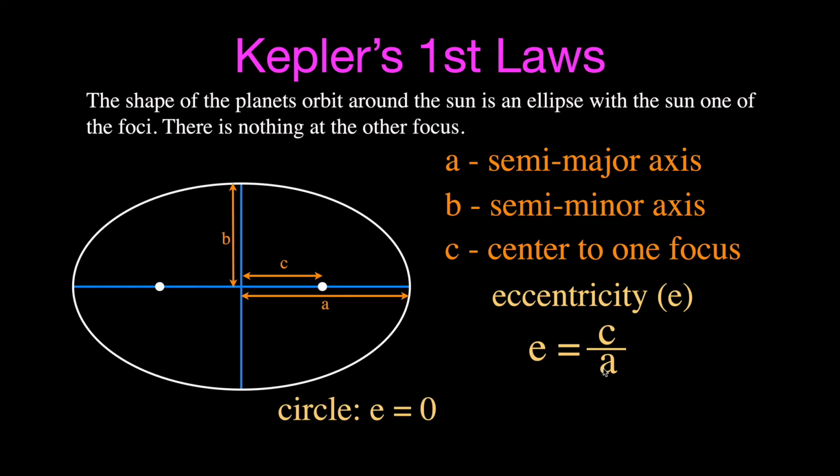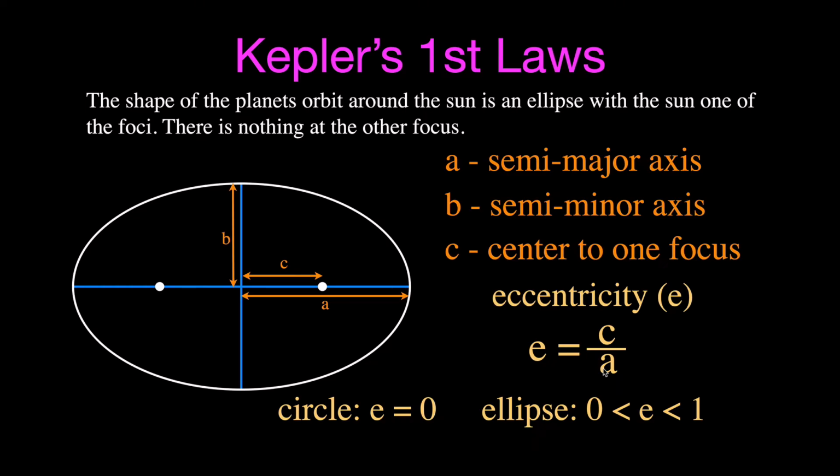So if you have a round shape with an eccentricity of 0, then you know that's a circle. But the farther those two points get away, the more eccentric it gets, and the eccentricity of an ellipse is always going to be greater than 0, but less than 1. If it's more than 1, then you're going to be talking about either a parabola or a hyperbola.